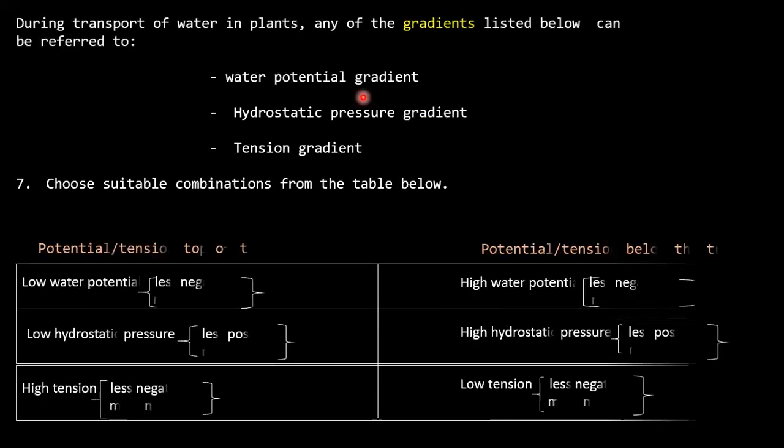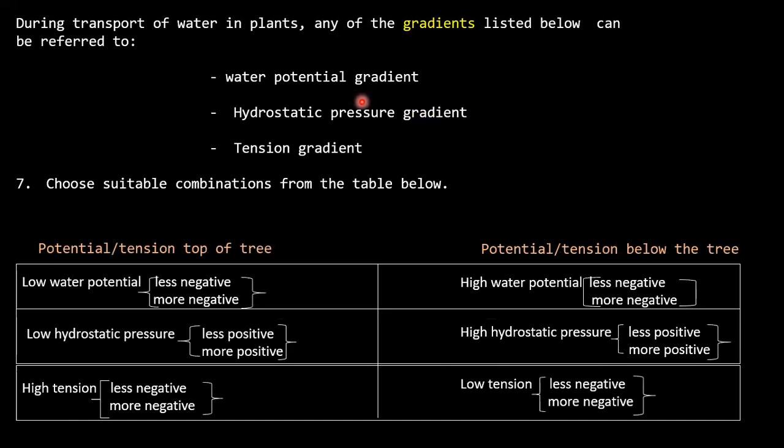And this time it is on water potential gradients and hydrostatic pressure gradients and tension gradients. Well, this is the stem. During transport of water in plants, any of these three listed gradients can be referred to: water potential gradient, hydrostatic pressure gradient, tension gradient. Choose suitable combinations from the table below.